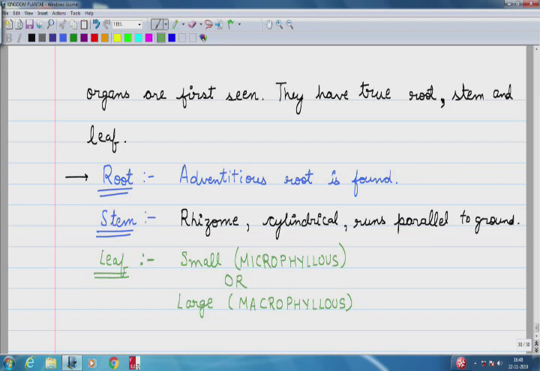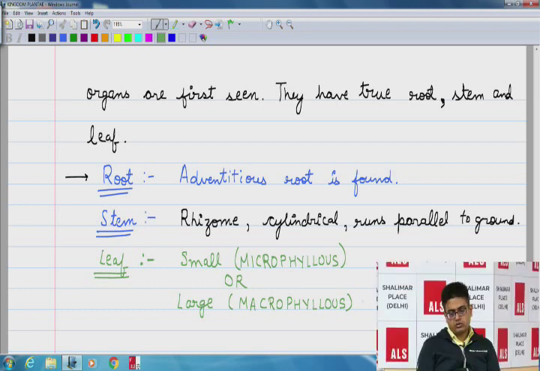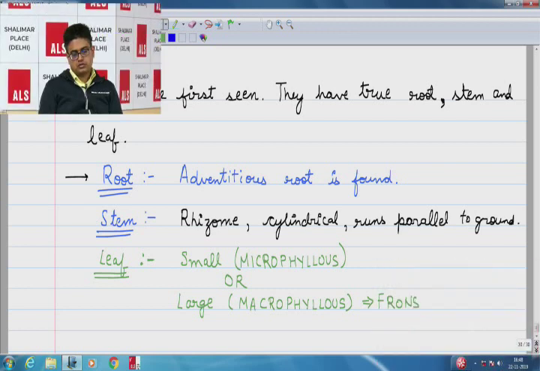Large macrophyllous leaves are also called fronds. Example is fern. Ferns are example of large macrophyllous leaves.